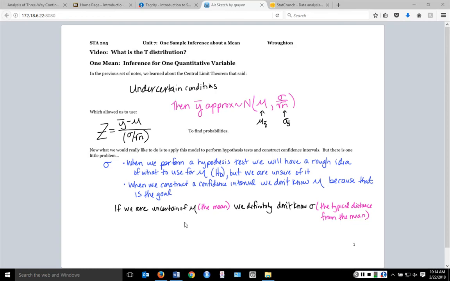So let's look at what we had. So here's our formula that we had. Now I'm going to change it a little bit. I'm still going to use my y bar. Also use this idea of knowing a mu, but instead of sigma, I'm going to use S. Again, remind ourselves what S is. This is just our sample standard deviation.